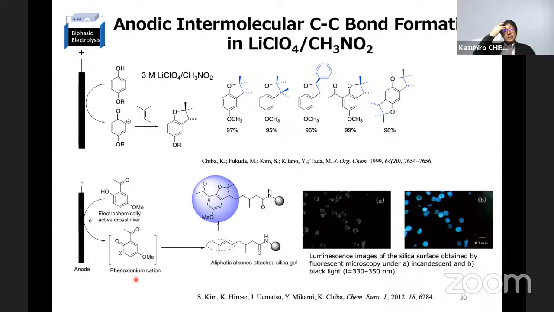One hint is that we can measure the oxidation potential of each compound. For example, we can compare the oxidation potential of this compound with that of this compound. This one is lower than this one, so we predict that this will be oxidized. If one electron moves from this compound, then a cation should be generated. So we expect the most stable, most probable cation.